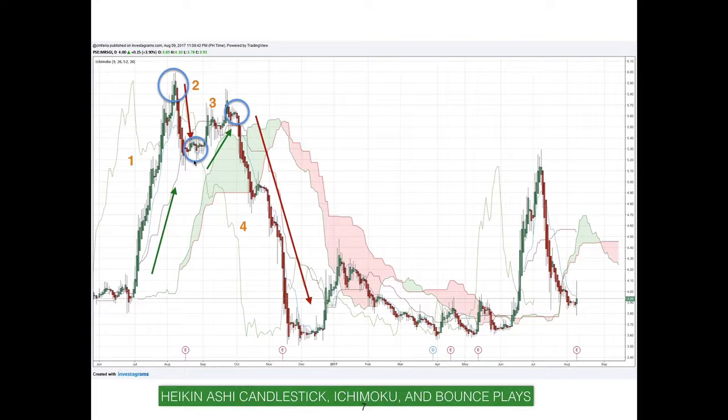But the Heikin Ashi candlesticks already warned us that this would happen before it happened, because we find weakness right on top of the Tenkan-sen line above. You see the circle beside number 3, that reversal area was right on top of a support line. So we know that that support will break because there was strong selling right on top of that support area right here. You know that this would likely break, and it did.